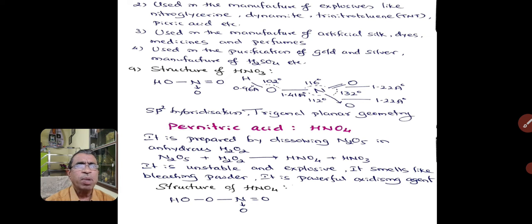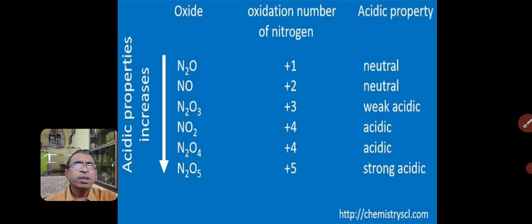It is unstable and explosive. It smells like bleaching powder. It is a powerful oxidizing agent. In the structure of HNO4, we have the peroxy linkage between the nitrogen and the OH group, and this nitrogen is linked to an oxygen through a double bond and also through a coordinate bond.